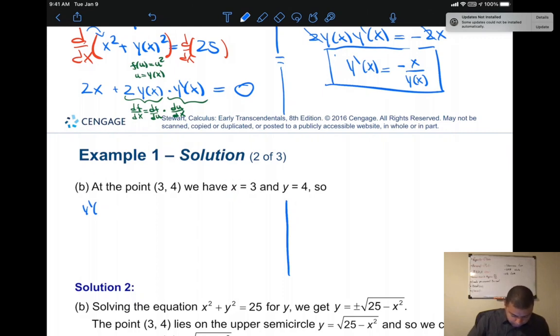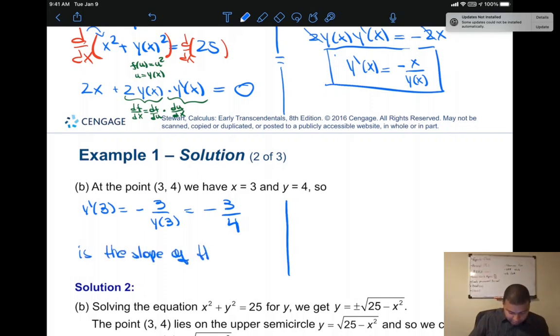So y prime of 3 is minus 3 over y of 3. So that's minus 3. y of 3 equals 4. That's what was given to me. So that's minus 3/4. That's the slope of the tangent line. So I quickly found the slope of the tangent line.